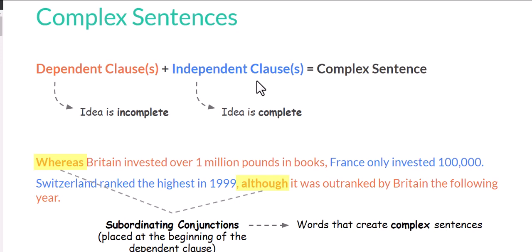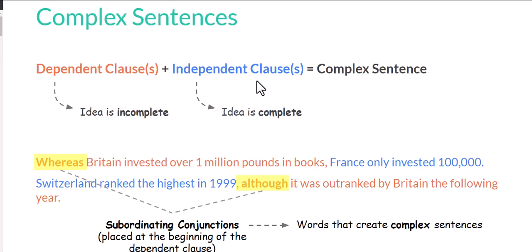On the other hand, a dependent clause is an incomplete idea, so we need another clause to complete the whole meaning. And this is what we call a complex sentence.